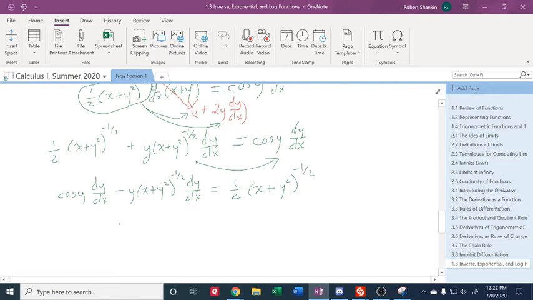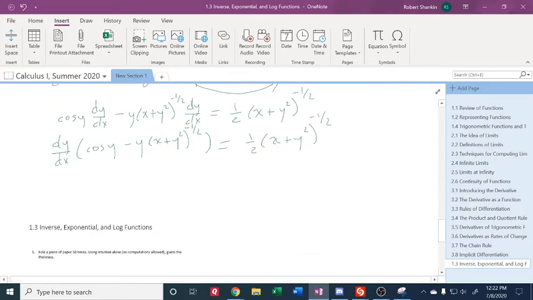Okay, and then I'm going to factor out and then I'm going to divide by what's in parentheses. Finally, I will get this divided by this.